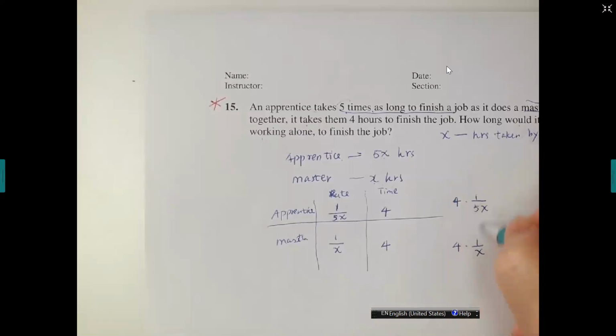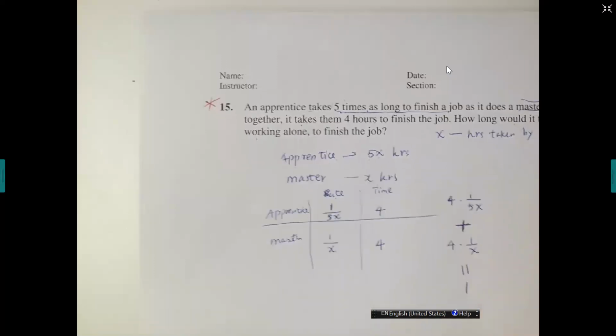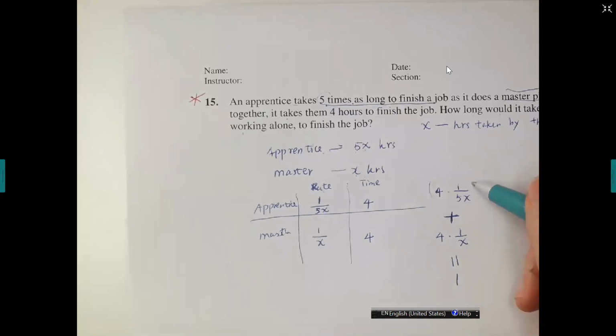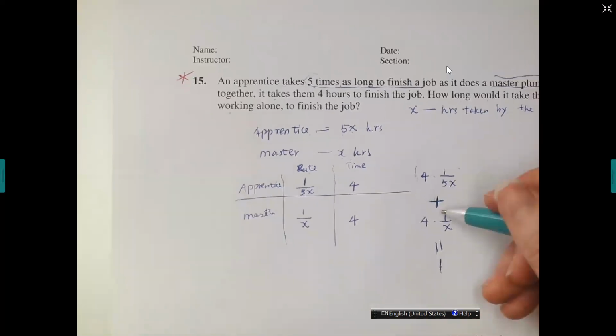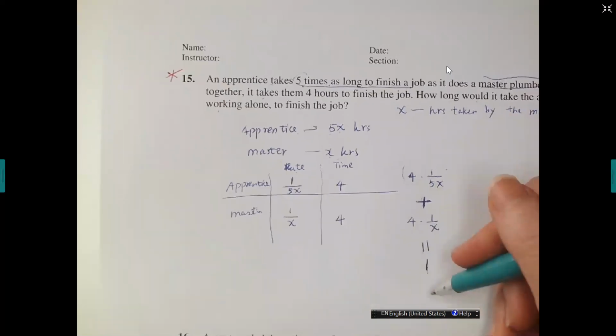When those two persons work together, add the work done by them, they finish the entire job. So the job done by the apprentice plus the job done by the master equals the entire job. The entire job is 1. Then we have the equation here. Of course, we do not like the format here. Rewrite it.